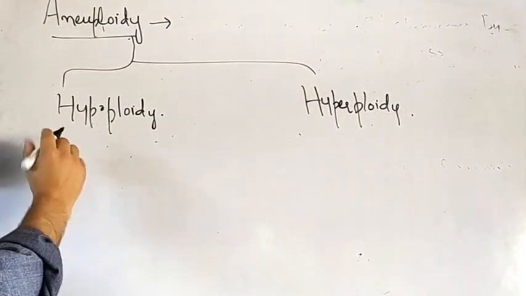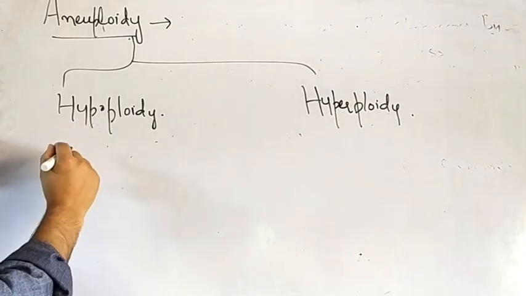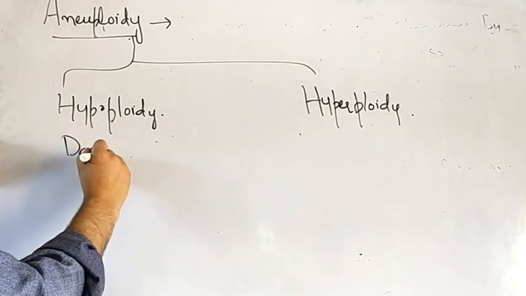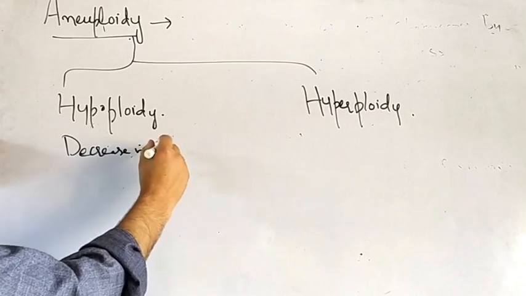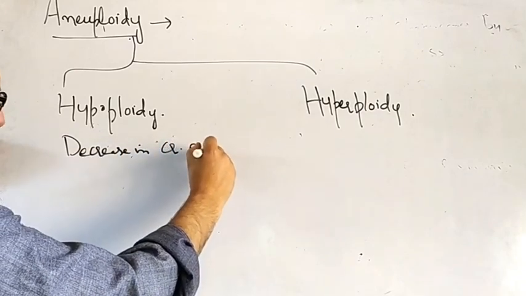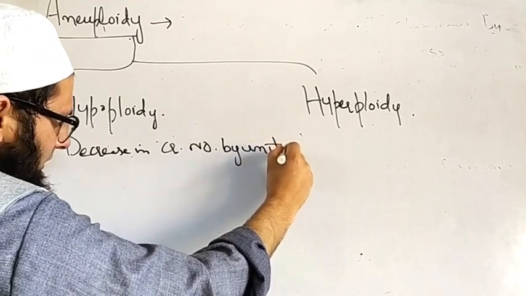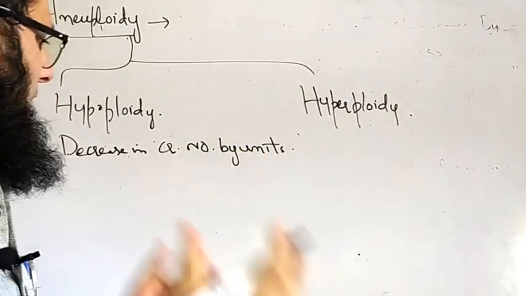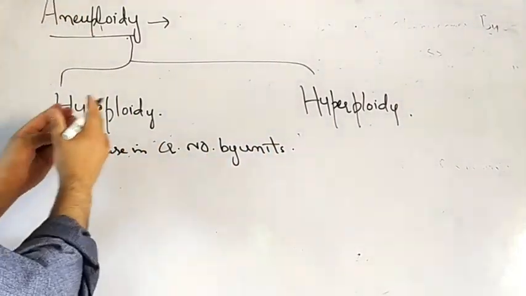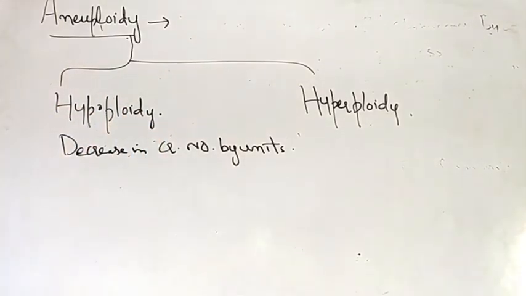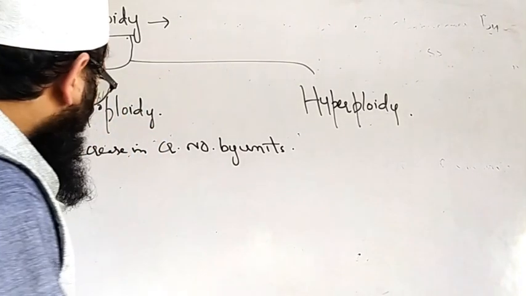So in Hypoploidy there is a decrease in chromosome number by units. Just one or a few chromosomes are lost, that we call Hypoploidy. Got it?